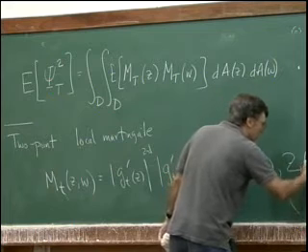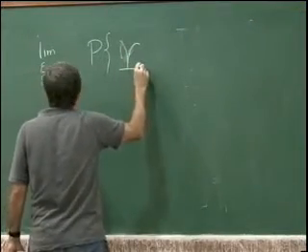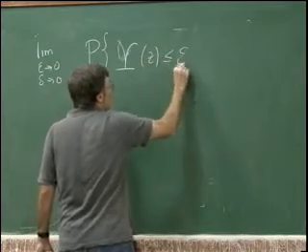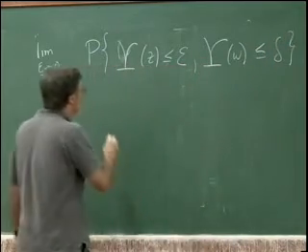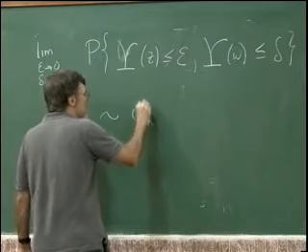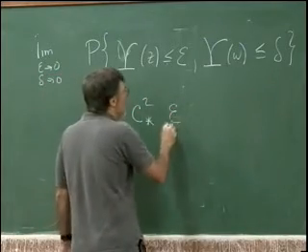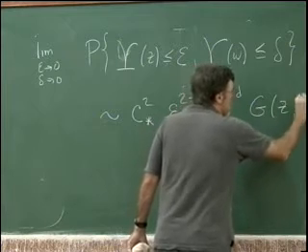Let me remind you what the two-point Green's function is, and the theorem that I mentioned yesterday: the limit as epsilon goes to 0 and delta goes to 0 of the probability that the distance from z to the curve is less than or equal to epsilon and the distance from w to the curve is less than delta is asymptotic to some constant, which I call C star squared, times epsilon to the 2 minus d, delta to the 2 minus d, times this two-point function.